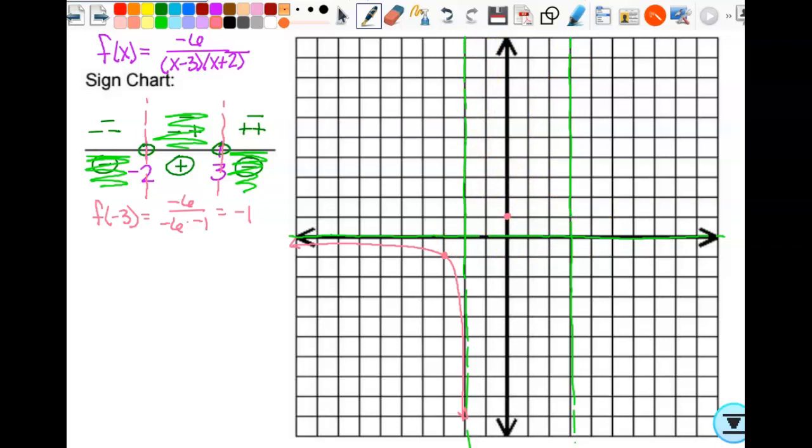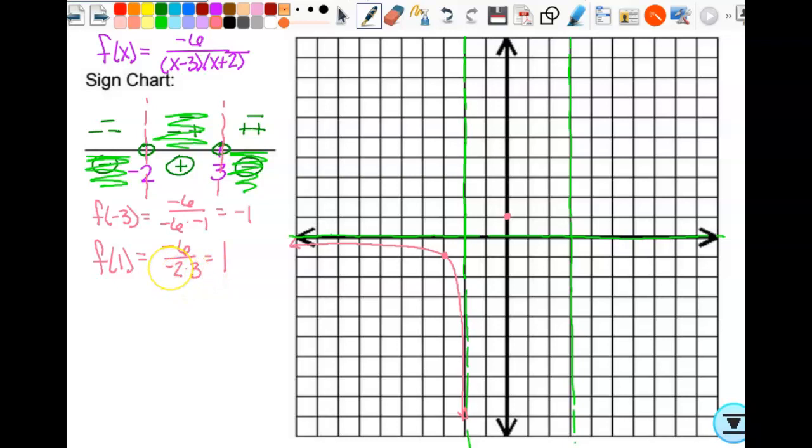But I would like to know maybe where my minimum is, my relative minimum. I don't know that this might be it. It might not be it. We'll see. But let's just find one more point. Let's find f of 1, just to see what's happening here. If I find f of 1, it's going to give me negative 6 over negative 2 times 3, which is a negative 1. No, it is not. It's a positive 1. I messed this one up real bad last period.